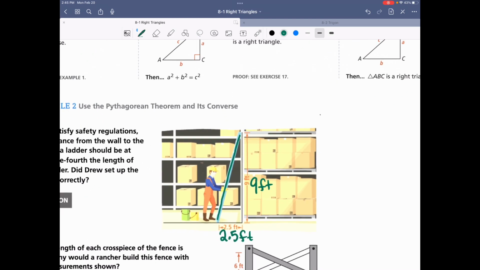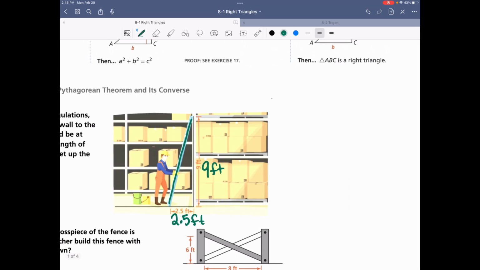So we need to use the Pythagorean theorem to figure out what the length of the ladder is. So we have a squared plus b squared equals c squared. We'll use a as the shortest length, which is 2.5, and b will be the middle length, and then we're trying to find the longest length, the hypotenuse.